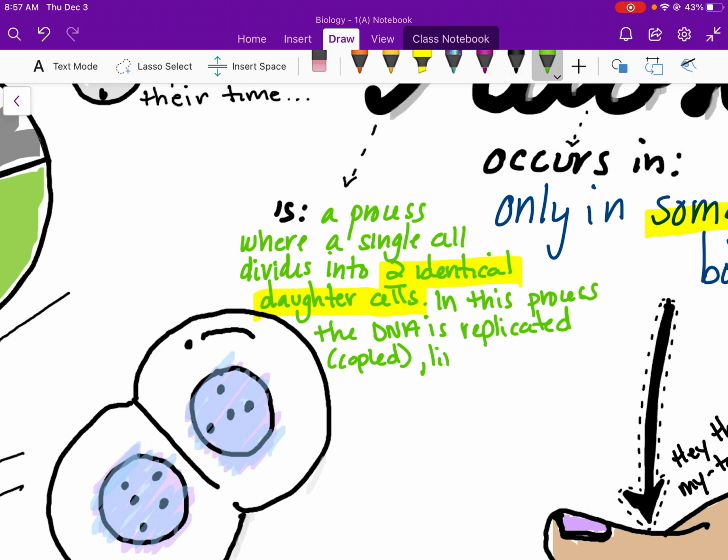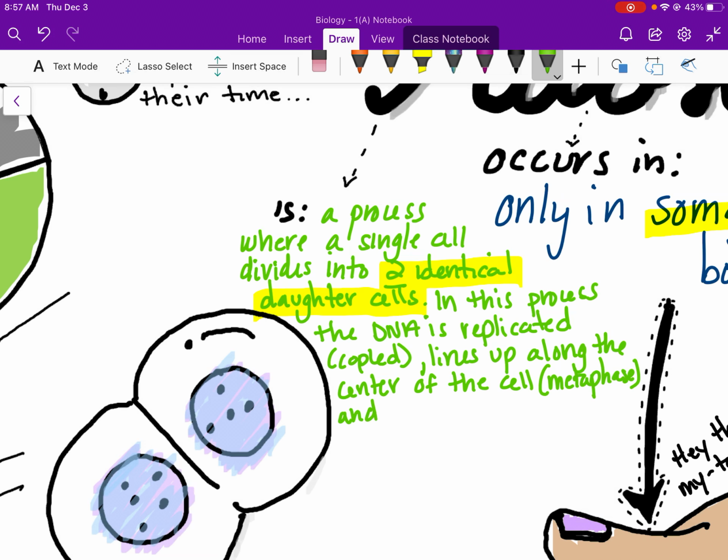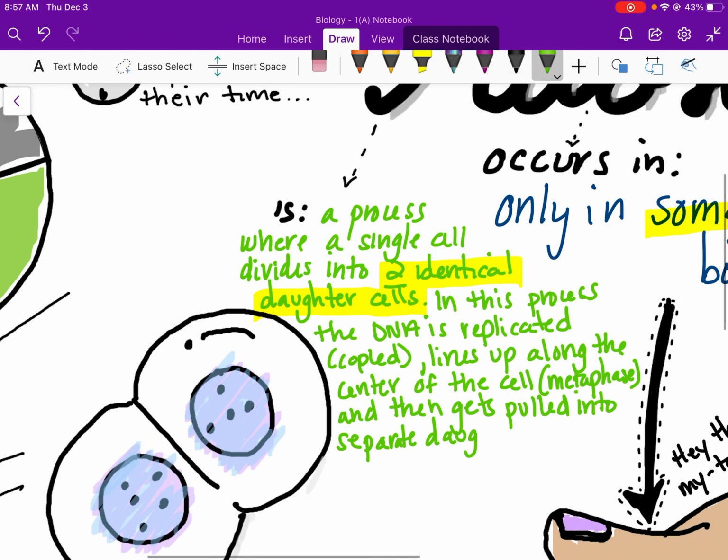It lines up along the center of the cell. So this is our phase called metaphase. And then it gets pulled apart into separate daughter cells.